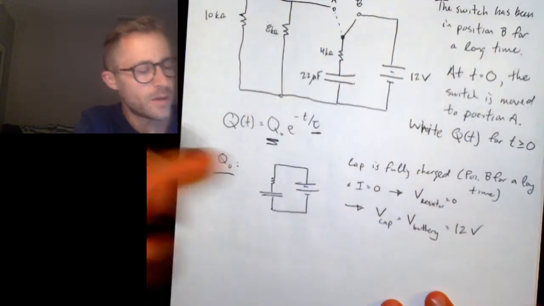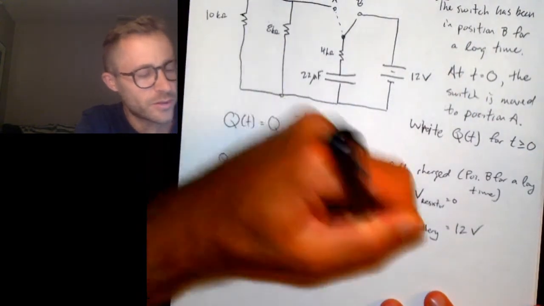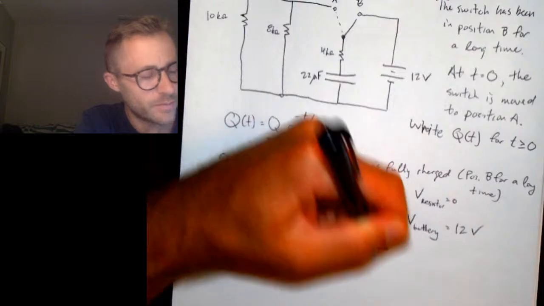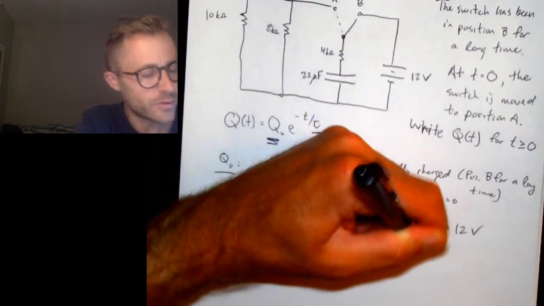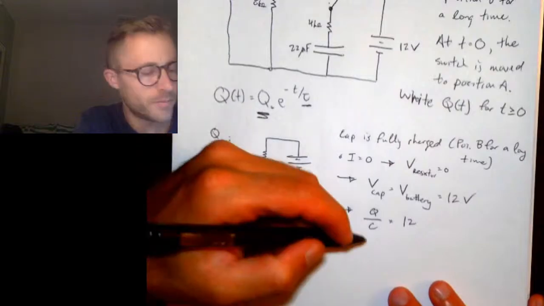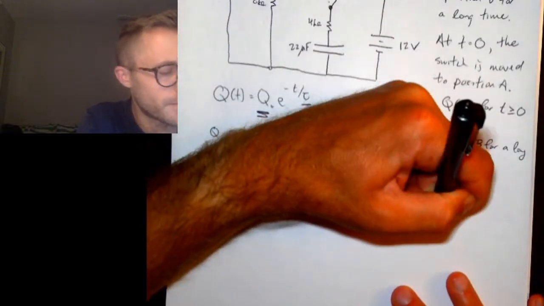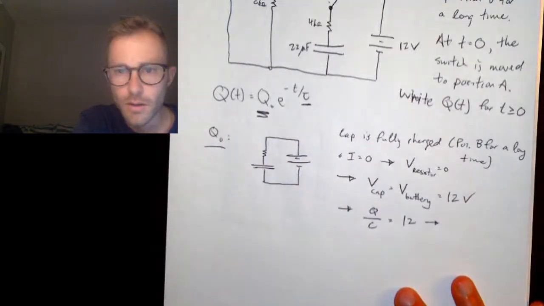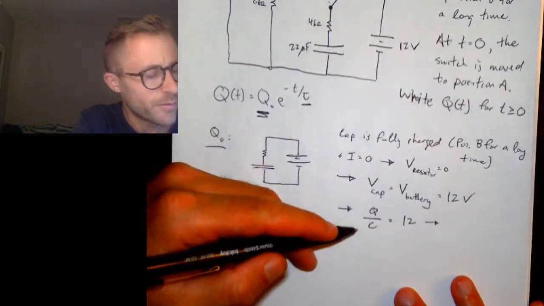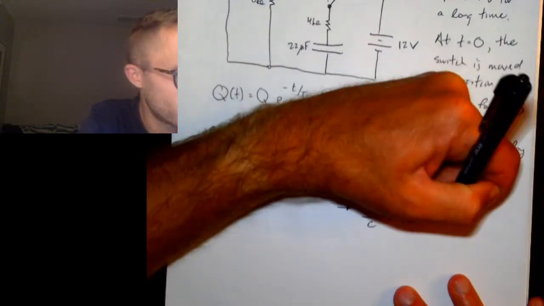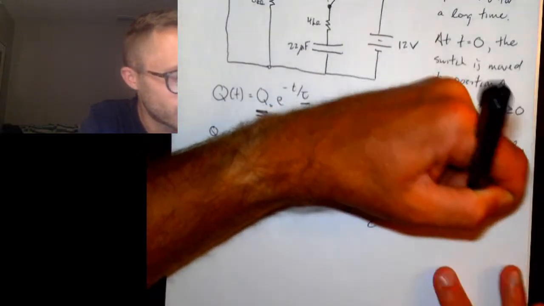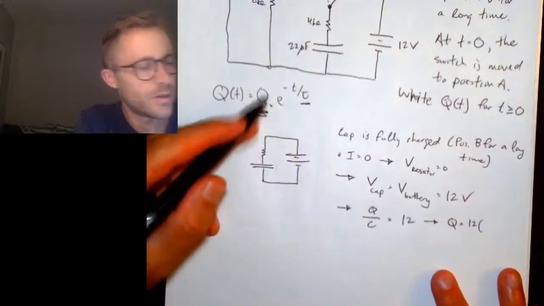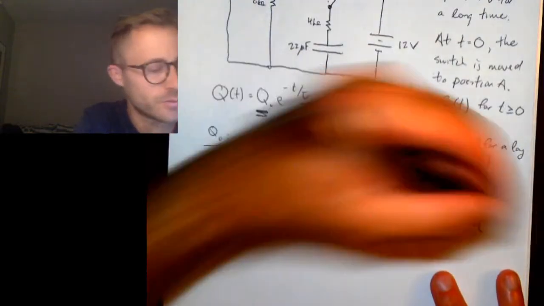Okay, now the voltage across the capacitor is Q over C. So Q over C equals 12. So we have Q equals 12 times 22 micro.